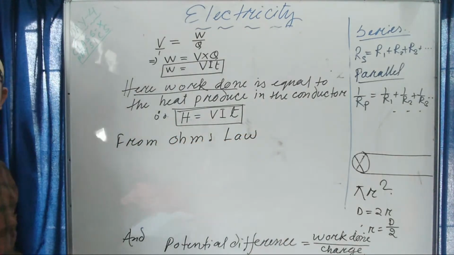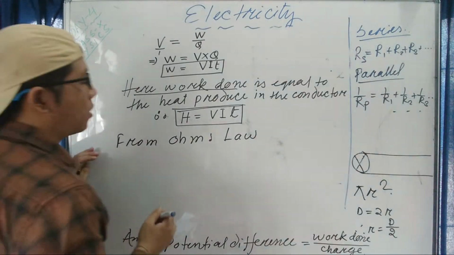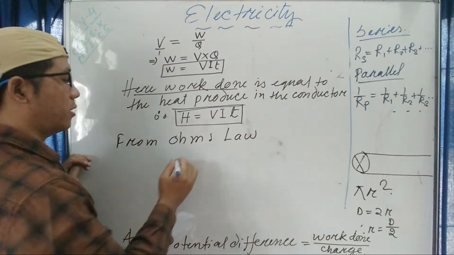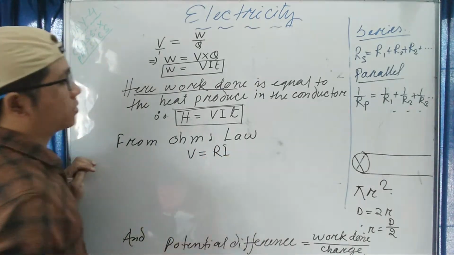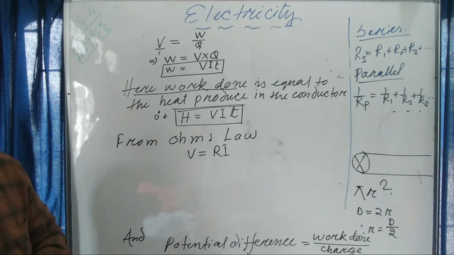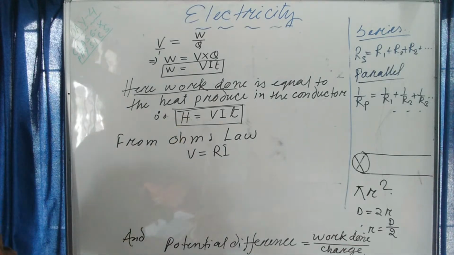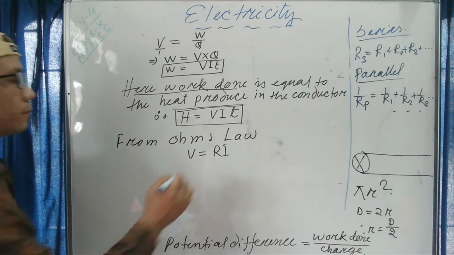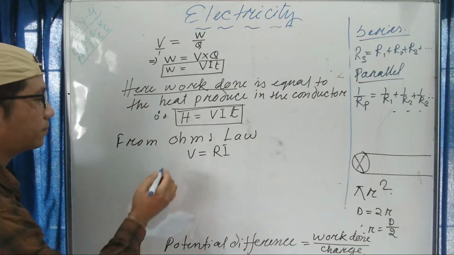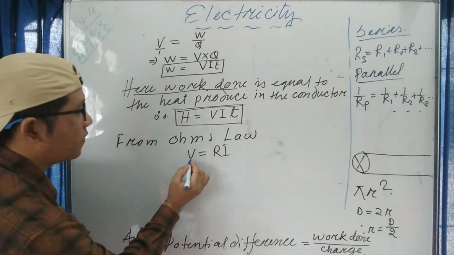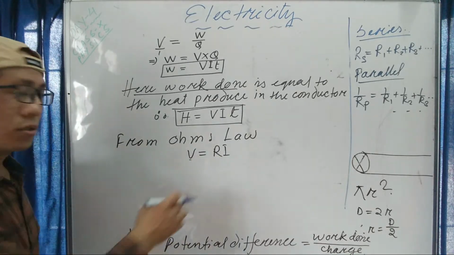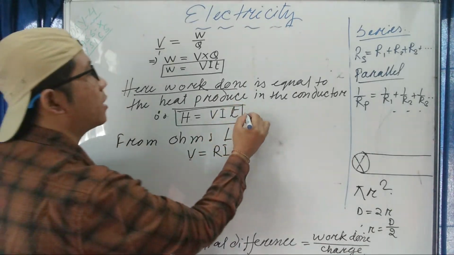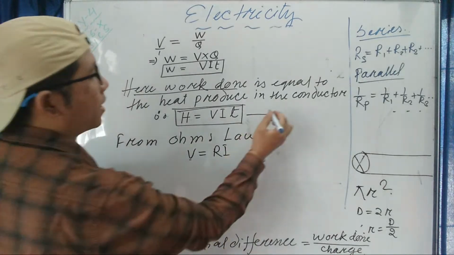Ohm's law says, as we already know, V is equal to IR. So from here, this V value we will substitute in equation number 2.